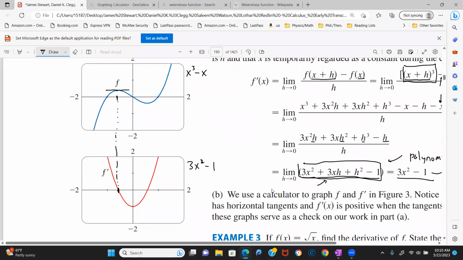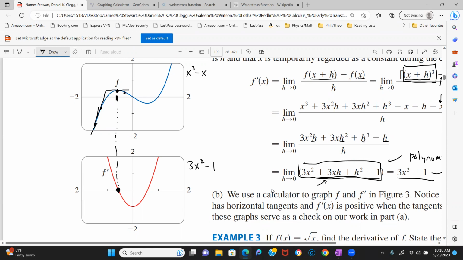Notice to the left of this point, if you draw tangent lines, they're very steep and have positive slope. So that's why we have this portion of the graph above the x-axis, because the slopes of the tangent lines are positive. Then you come up to this point here, and it goes through the x-axis.